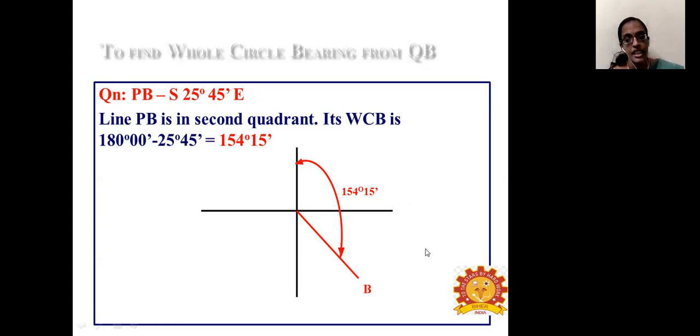So to this 90 degree, we have to subtract 90 degree here. If we subtract this one, we can get around 64 degree 15 minutes. So if we subtract 90 degree from 64 degree 15 minutes, we can get an angular measurement of 25 degree and 40 minutes with respect to this east.